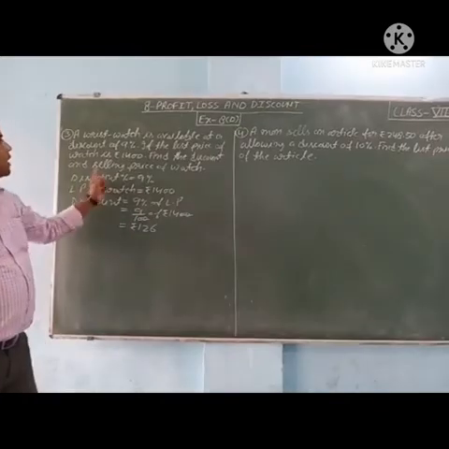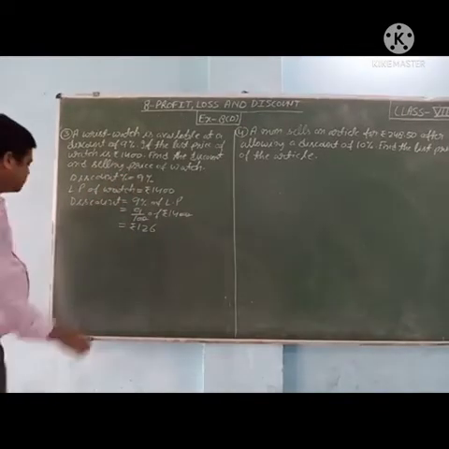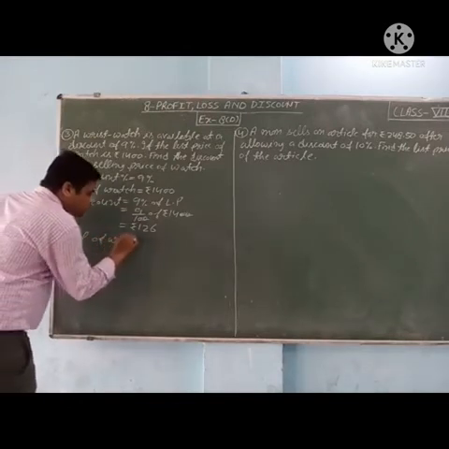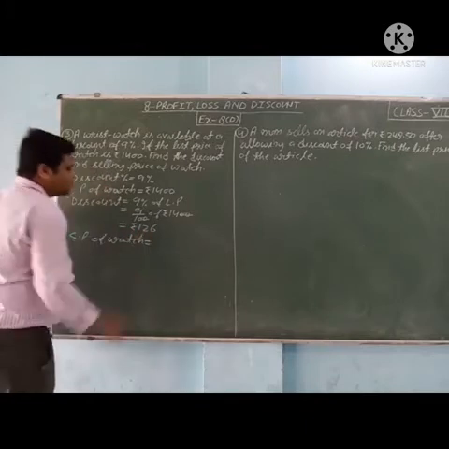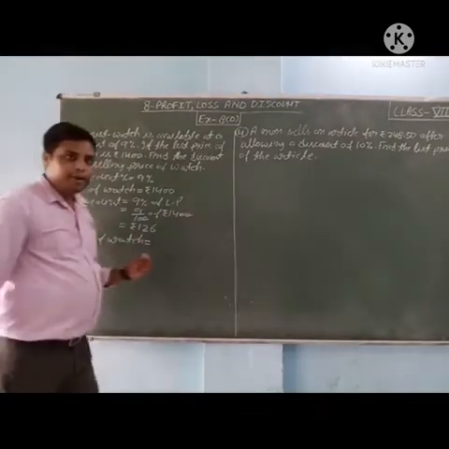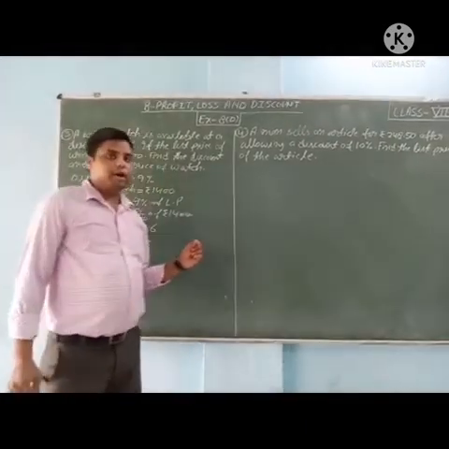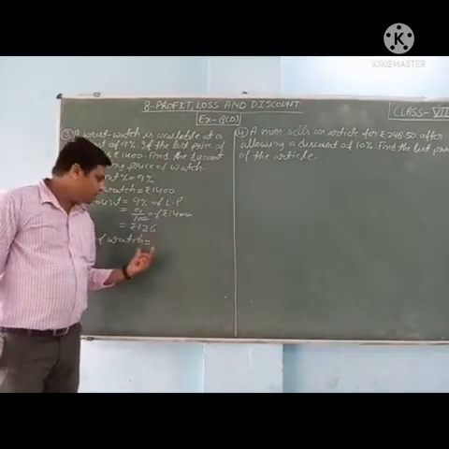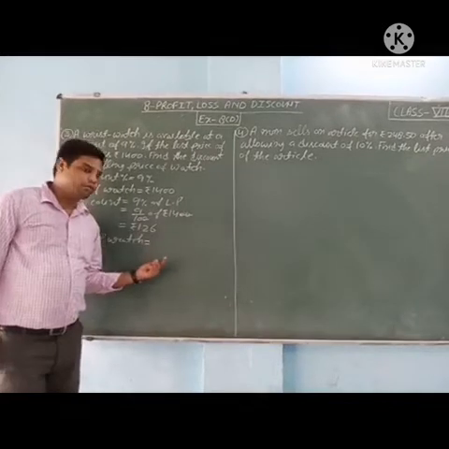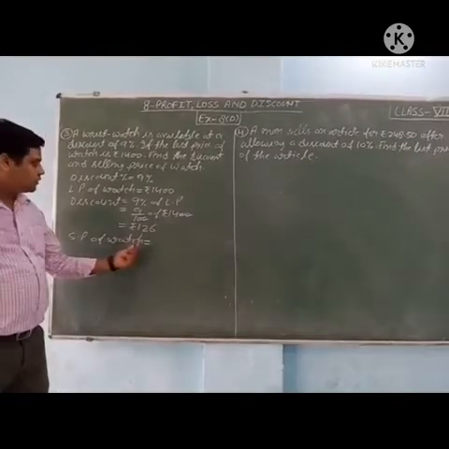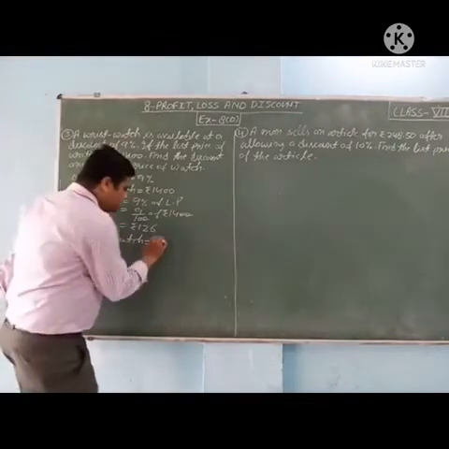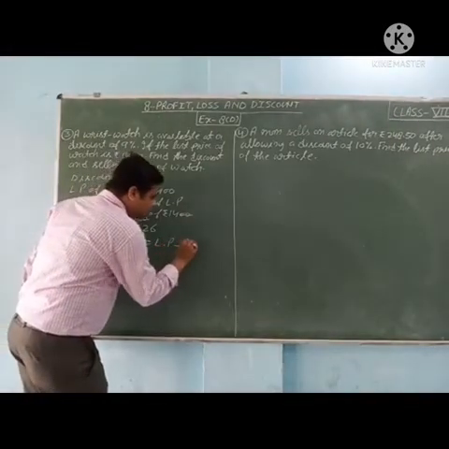Then what do we have to find? Selling price of watch. So selling price of watch is equal to, formula is (100 minus discount percent) upon 100 multiplied by mark price. That formula we can use, but here we can use a direct formula also. Selling price of watch is equal to mark price minus discount, list price minus discount.